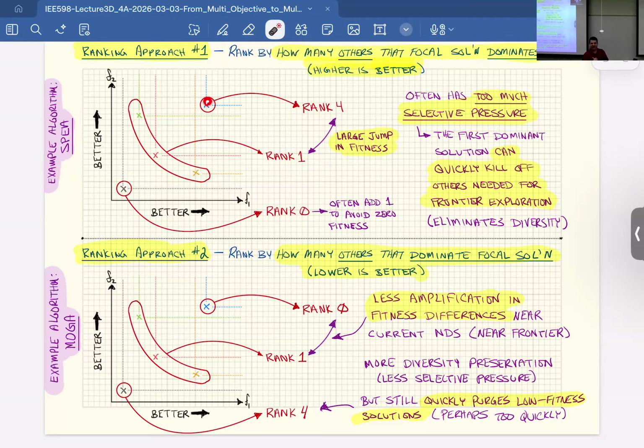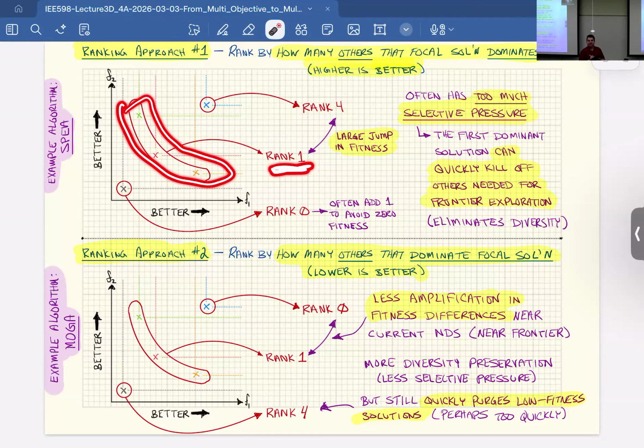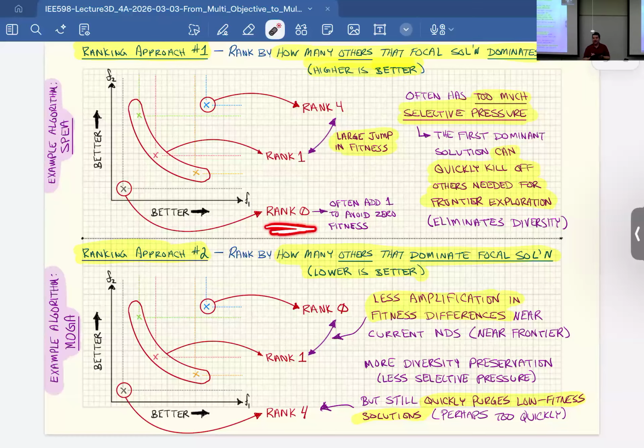So this high fitness one has a rank 4 because there are 4 that it dominates. It falls into 4 dominance cones. This group, this equivalence class, all have rank 1 because there's only 1 that they dominate. And this one here has rank 0 because it dominates none.